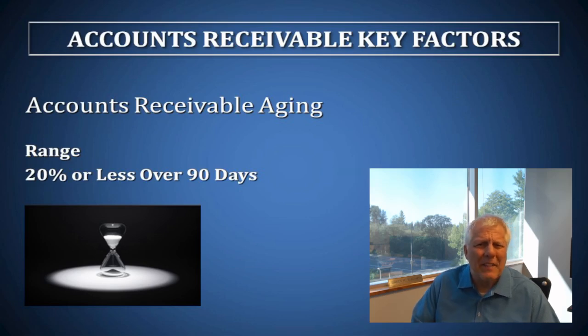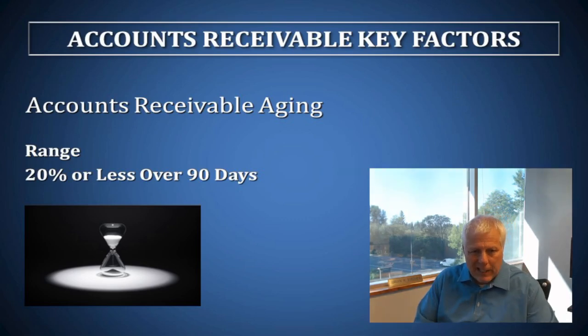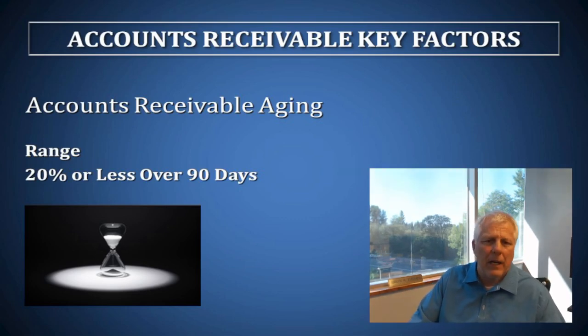But you want to look at that, because anything that creeps up over 90 days, is there something going on in your policies at the time of service or in the first 30 days that's preventing you from getting your money and it's creeping into the over 90 days? So it's kind of a check. And so you want to keep an eye on that.